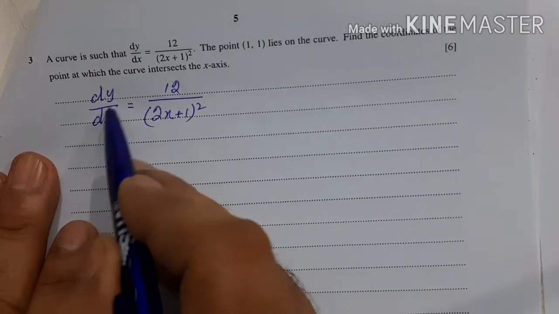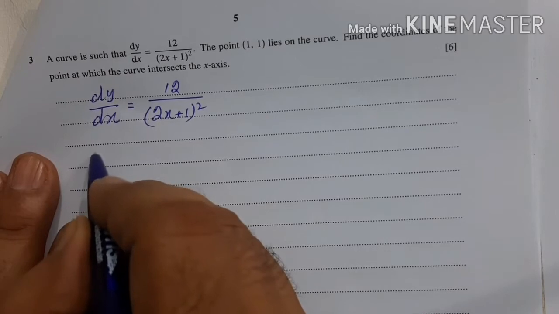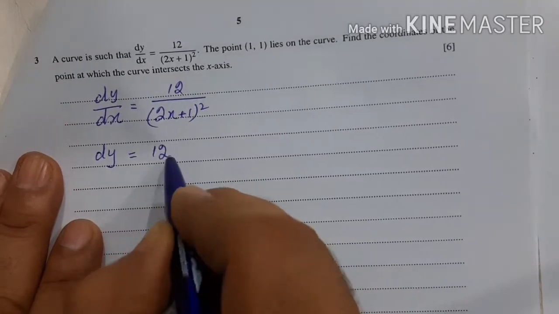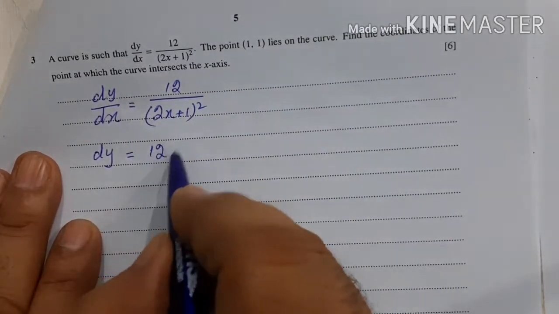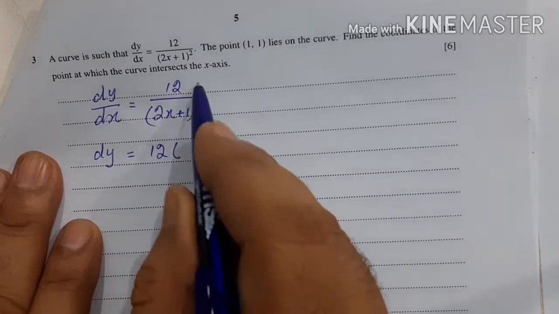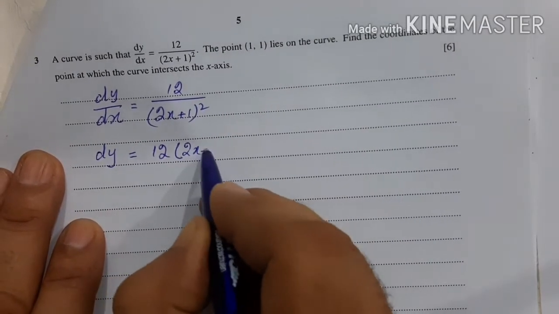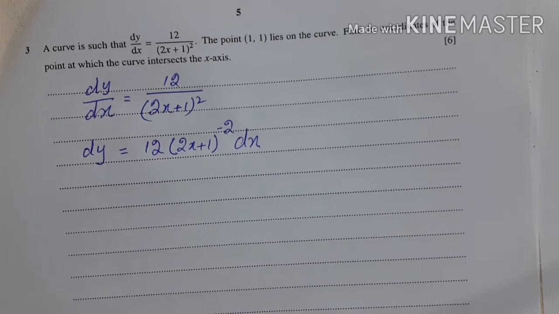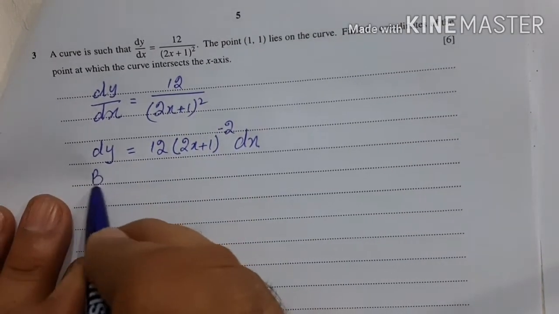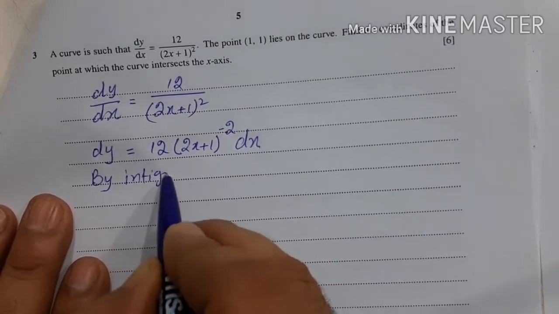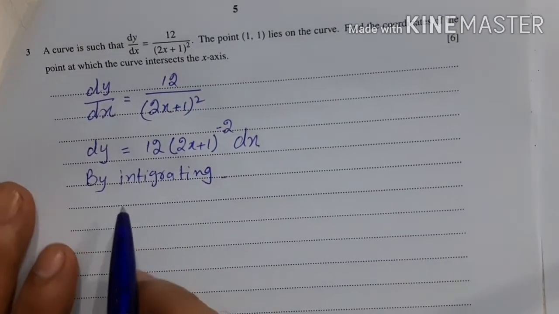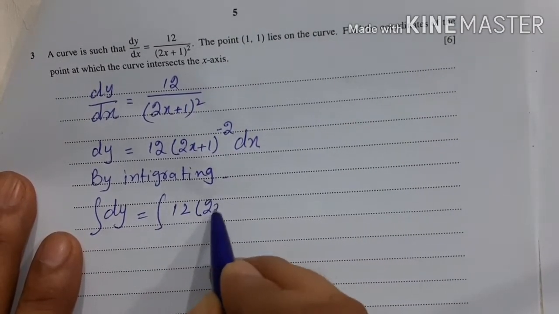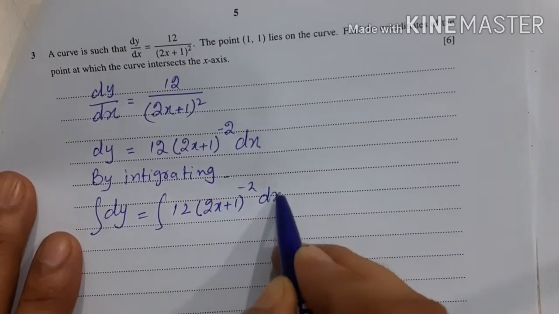So first of all I'll write it in a bit simpler way. I can write dy is equal to 12, I'll take dx on the other side, and I'll also take (2x plus 1) on the upper side, so it will be (2x plus 1) raised to power minus 2 dx. Now by integrating, integral of dy is equal to integral of 12 (2x plus 1) raised to power minus 2 dx.